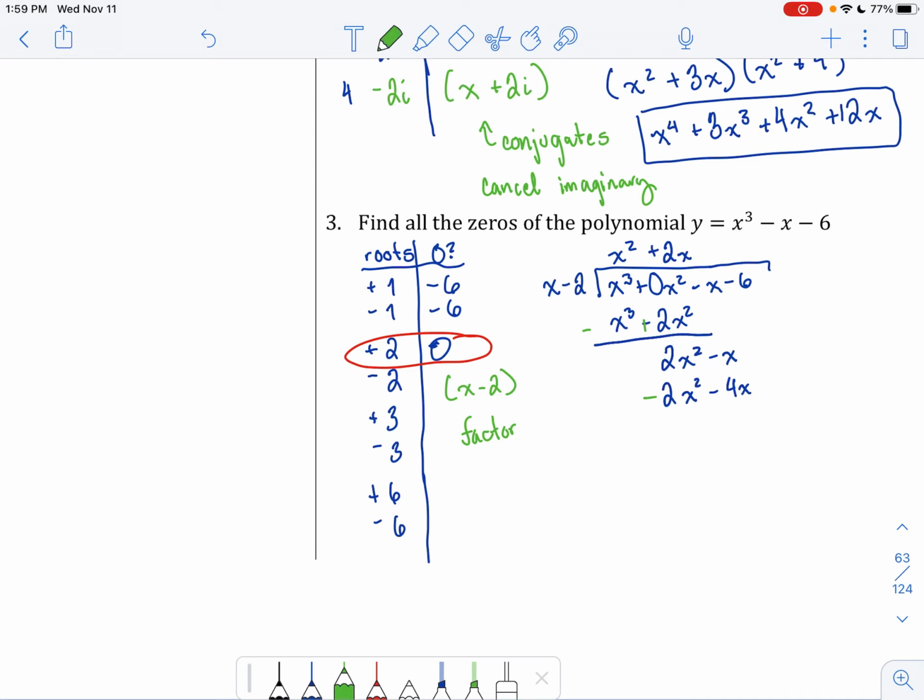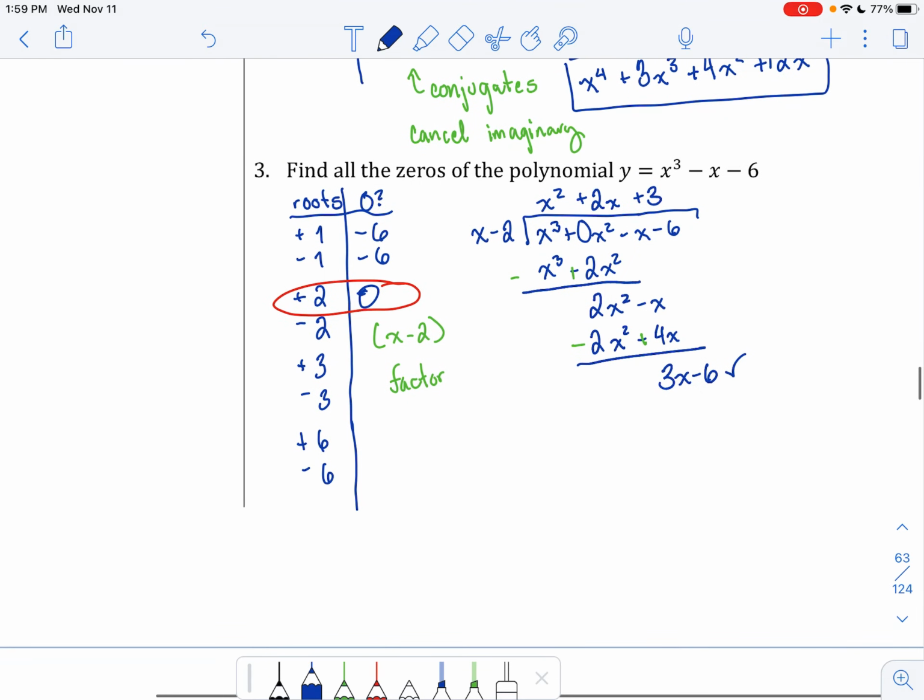Then again, go and subtract this one. Change that sign when I do the subtraction. Get 3x minus 6, so plus 3. And notice that I ended up with a remainder of 0. If I don't end up with a remainder of 0 for something I know is a factor, I know I did something weird. So that's the nice thing there.